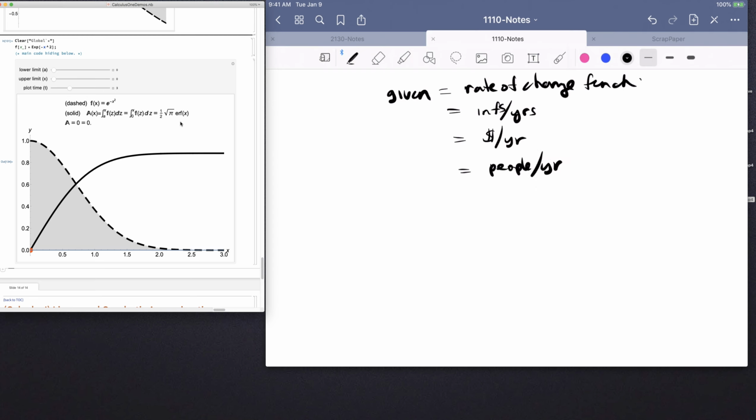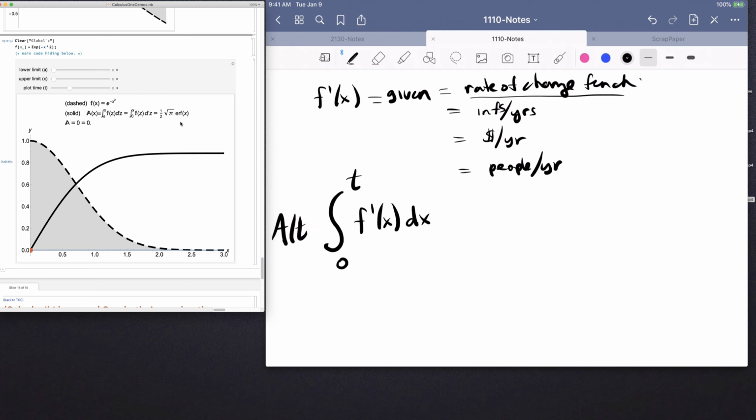So all of these are examples of given rate of change functions. Okay, so let's say that you're given an f prime of x. If you want to accumulate the f prime of x function, dx, from x going from 0 up to some value, we'll call it t, this would be an accumulation function in t, right?